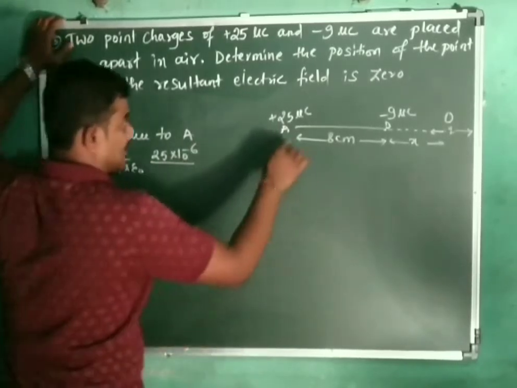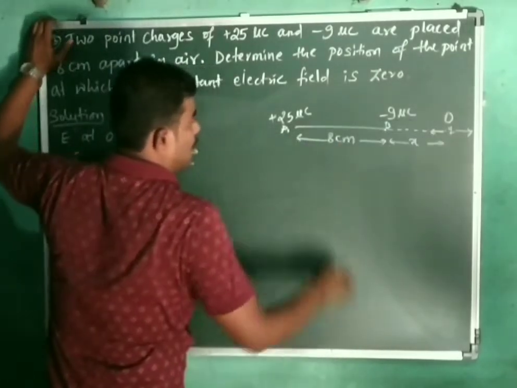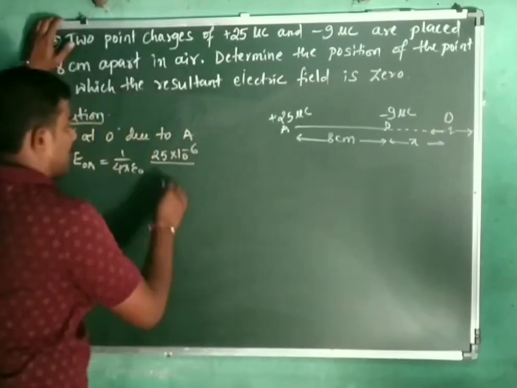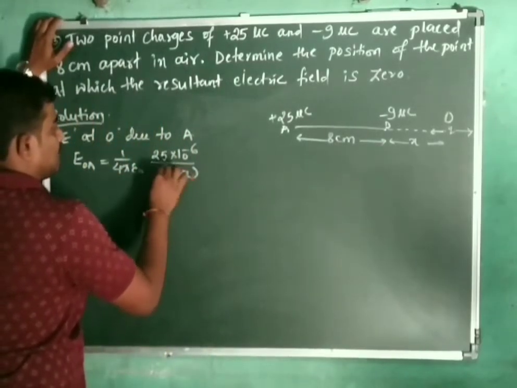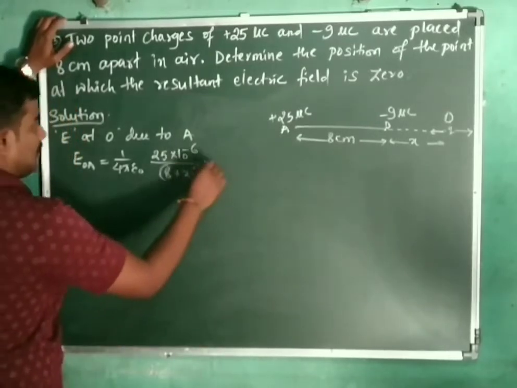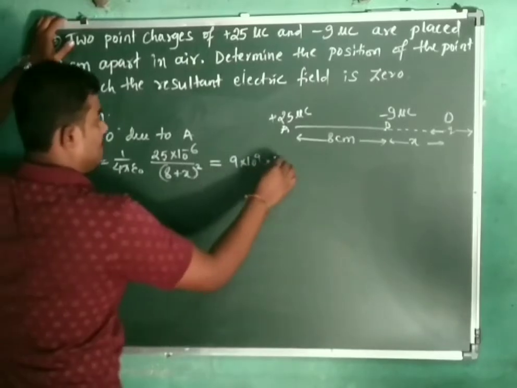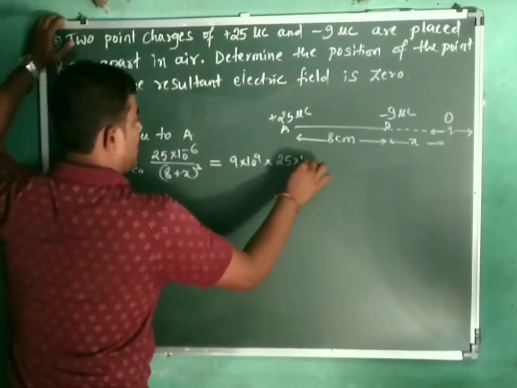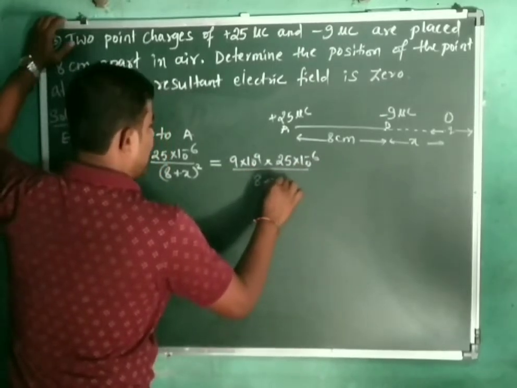R is the distance between A and O, which is 8 centimeter plus x centimeter, that is 8 plus x square. That is equal to 9 into 10 to the power 9, 25 into 10 to the power minus 6 divided by 8 plus x square.